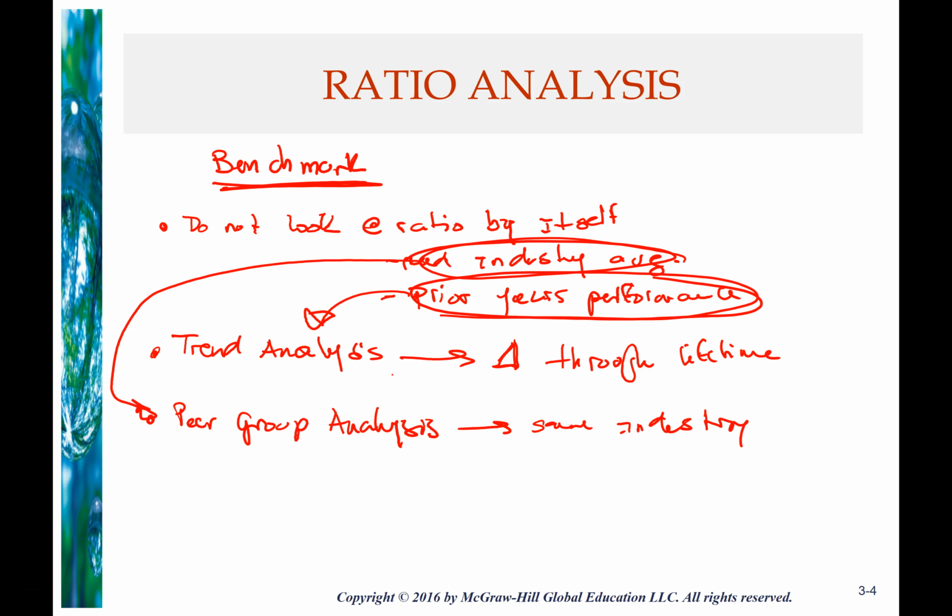You need to look at the ratios not only by itself, not only the ratio in a single period. You need to either do a trend analysis to find out the change through the lifetime of the company, or you need to look at the companies within the same industry and look at the ratio of the industry and find out exactly how your ratio for the company that you're looking at right this moment compares to other companies within the same industry.